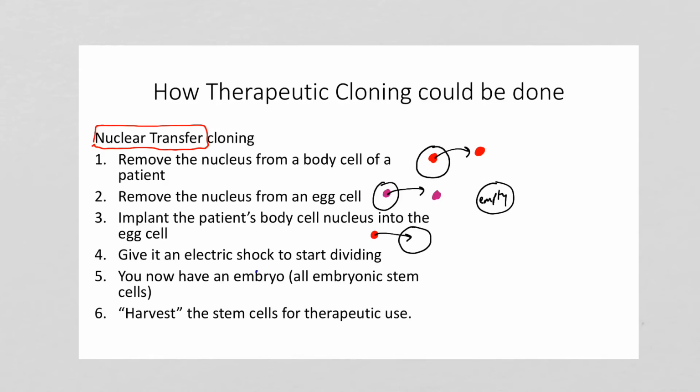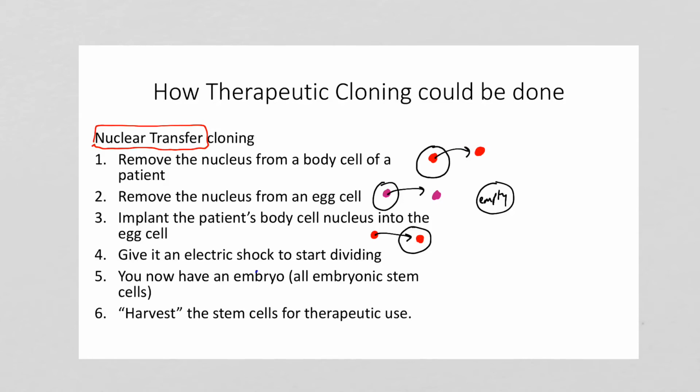And what I've created is essentially a fertilized egg. Why is it a fertilized egg? Because it has a full set of chromosomes. A sperm cell and an egg cell have half the number of chromosomes. So an egg cell on its own cannot become a person. A sperm cell on its own cannot become a person because it only has half the chromosomes that person would need. But I've got the full set of chromosomes because I've taken it from the person's body cell.